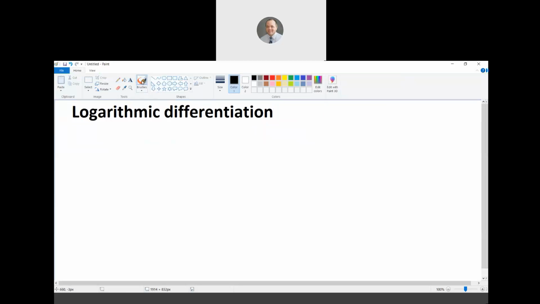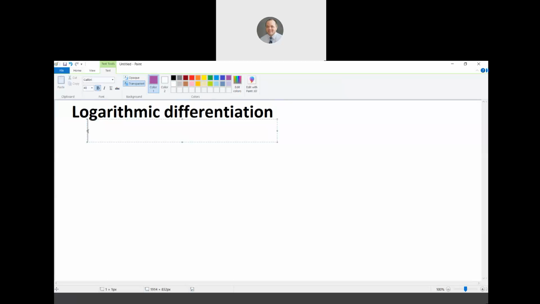You'll have to use something called logarithmic differentiation. And what that means is in your problem, you have to, first of all, before you do anything, take the natural log or ln of both sides of your equation.